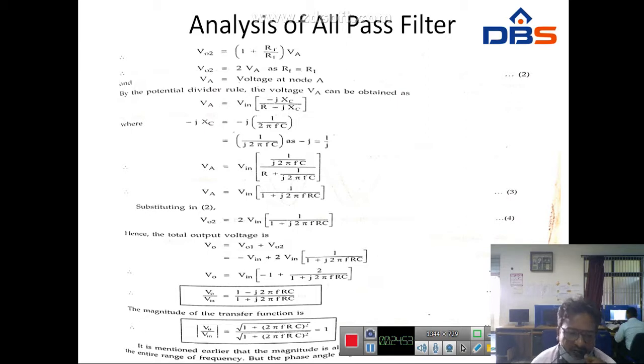The magnitude of the transfer function, V0 by Vin, is equal to root of 1 plus (2 pi FRC) whole squared by root of 1 plus (2 pi FRC) whole squared, which is equal to 1. So the magnitude of the all pass filter is equal to 1.